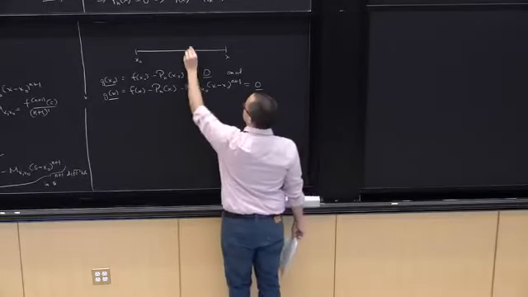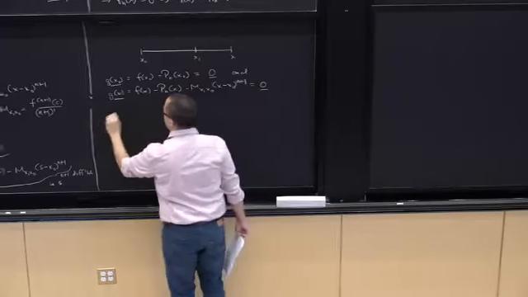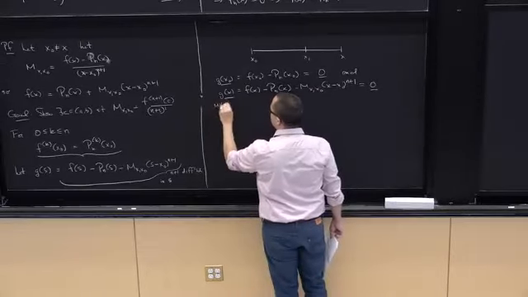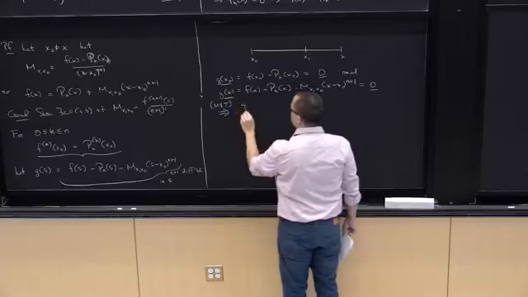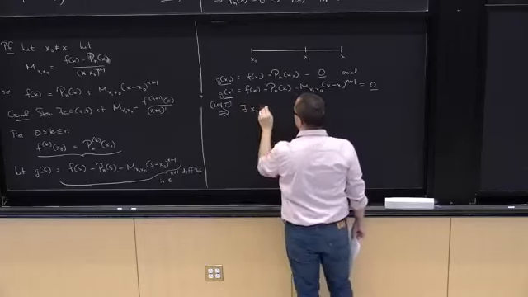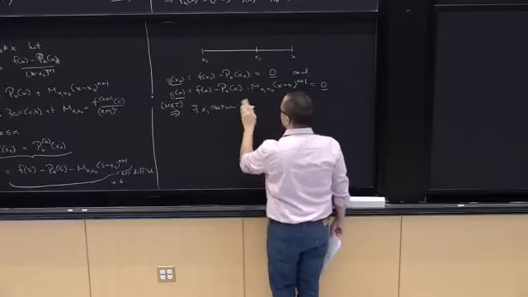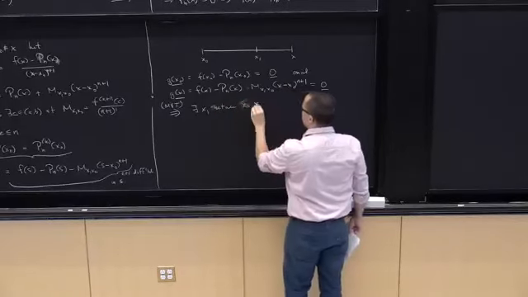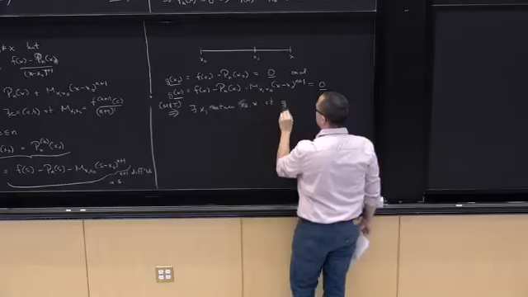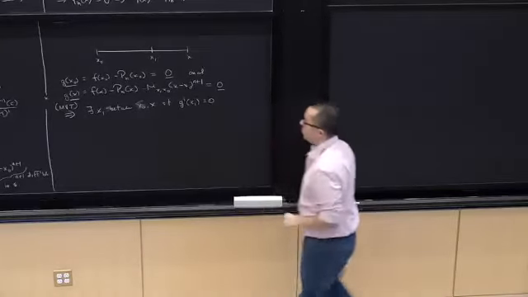So by the mean value theorem, or Rolle's theorem, there exists a point, x1, between x0 and x, such that g prime of x1 equals 0.